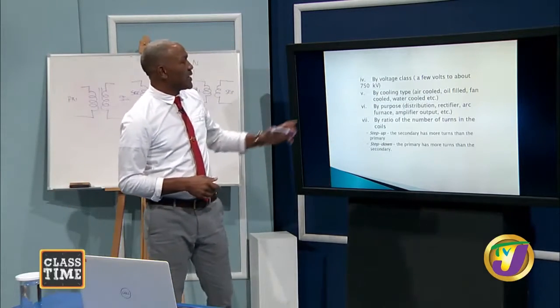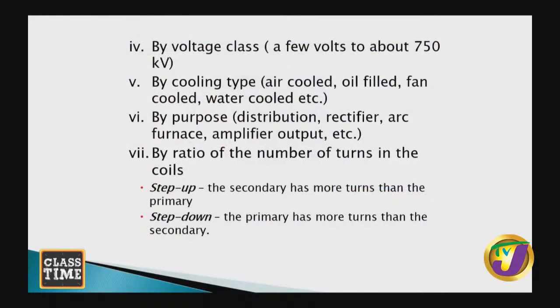Then, by cooling type: what method do they use to cool a transformer? Air, oil, water. By voltage class, a voltage can be from 110 volts, 50 volts, to megavolts.